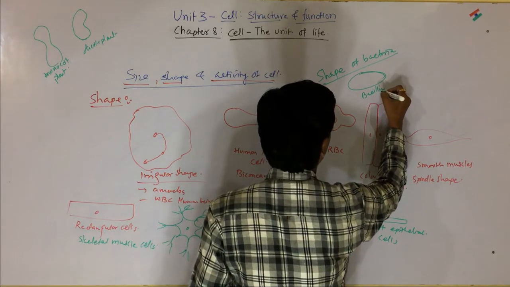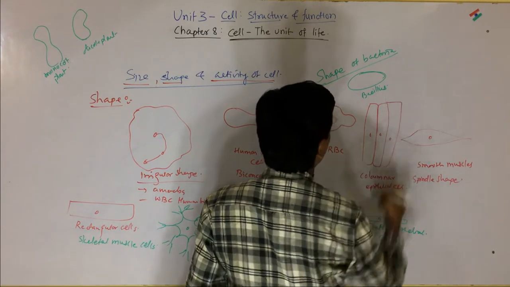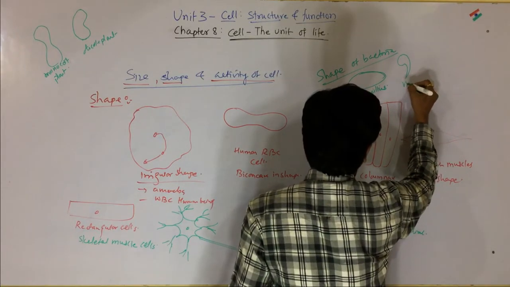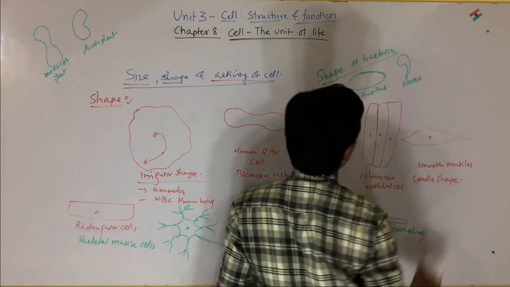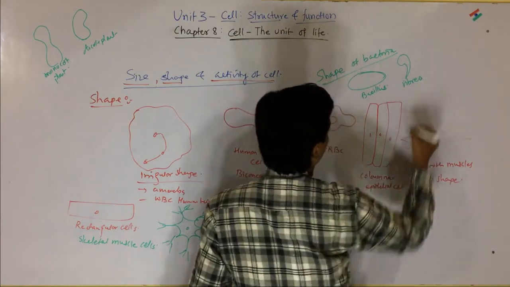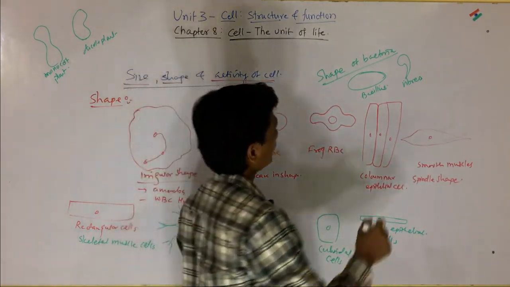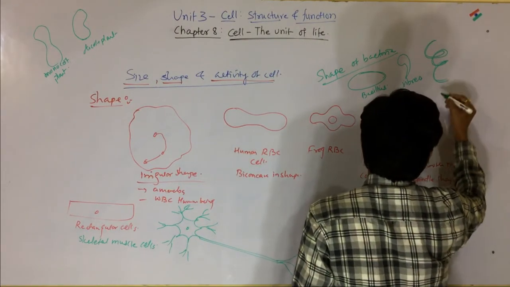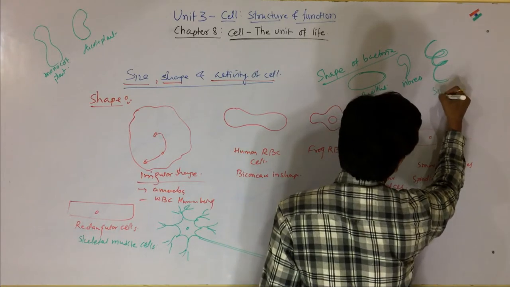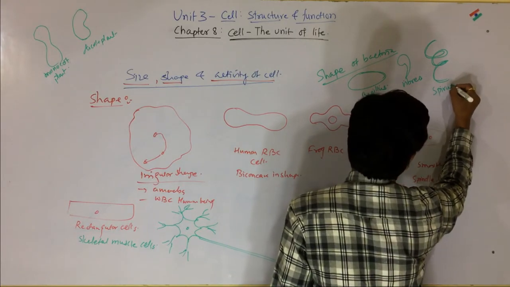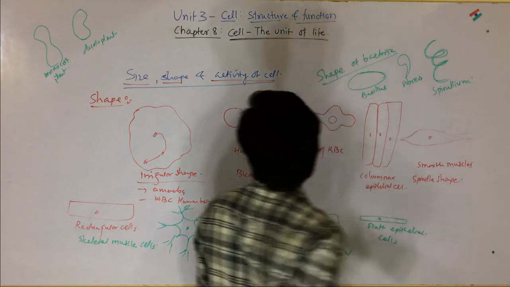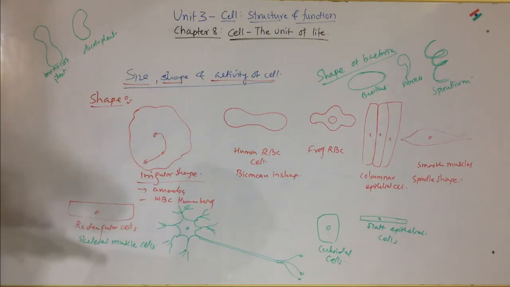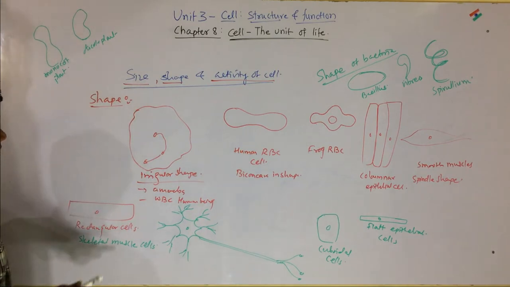Then some cells are comma shaped, vibrio is the example of it, vibrios have comma shaped cells, and some cells are spiral, the example is spirillum. These are the different shapes of cells present in the universe.